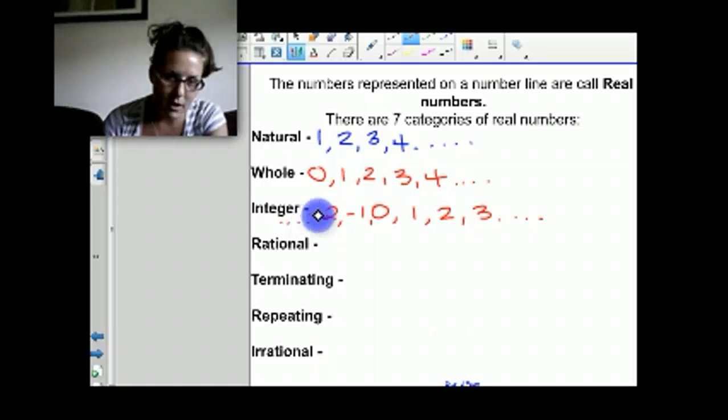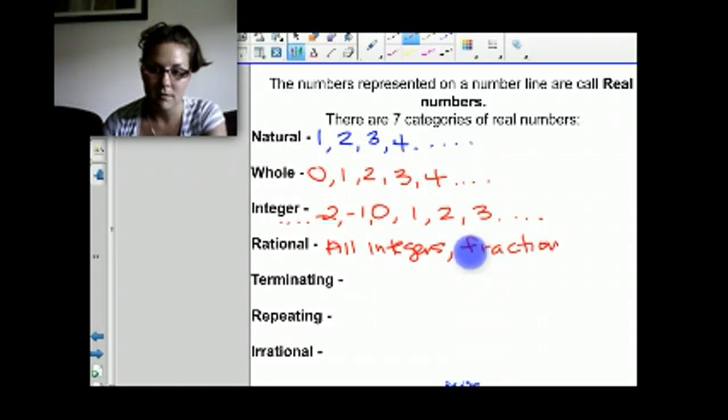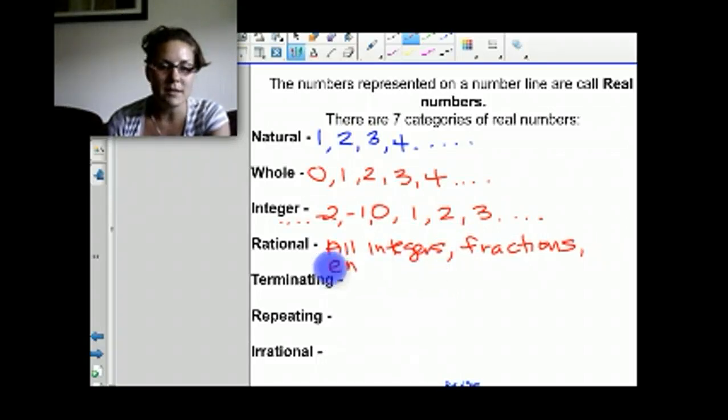Rational numbers are all the integers, plus fractions, and terminating or repeating decimals.